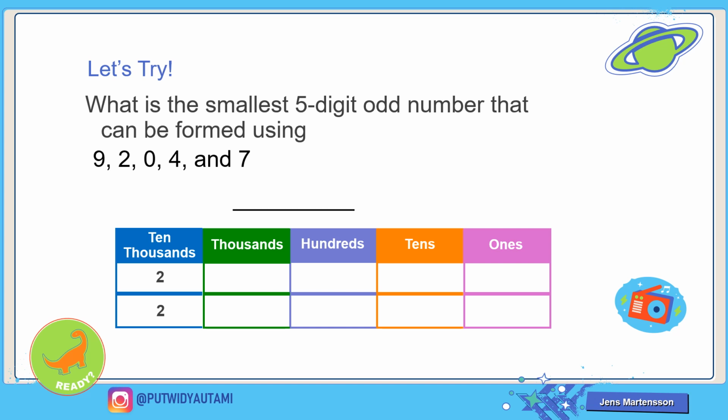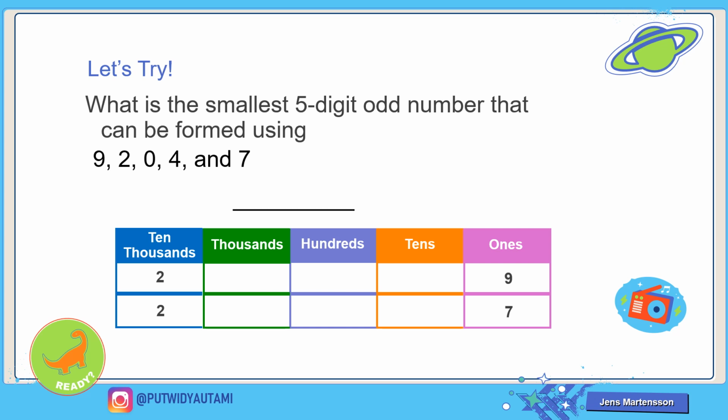Now let's see. We have to make odd number. So we have to put odd number in ones place. Which one is the odd number? 9, 2, 0, 4, or 7? Yeah, there are 2 options. We can put 9 or we can put 7.